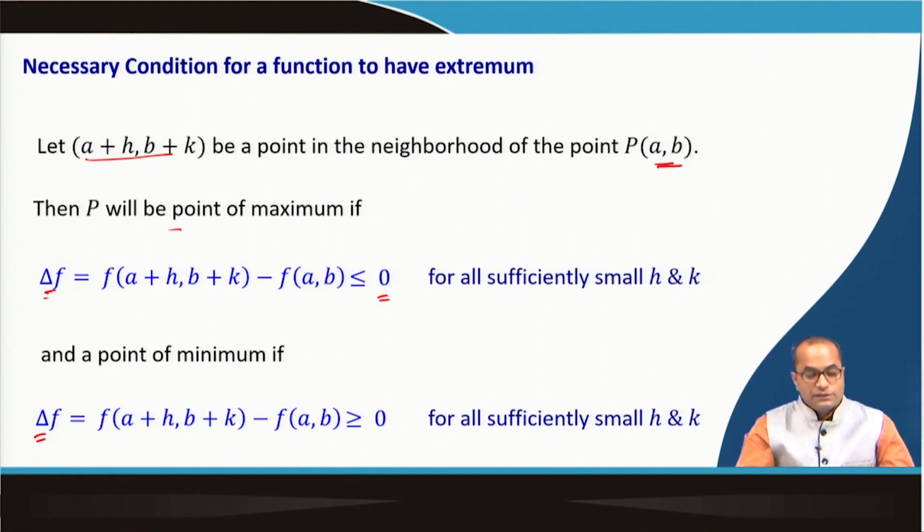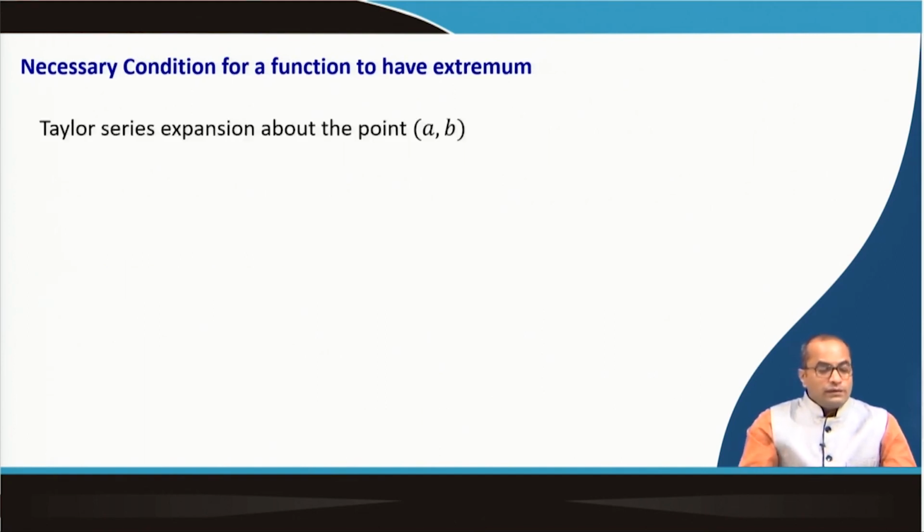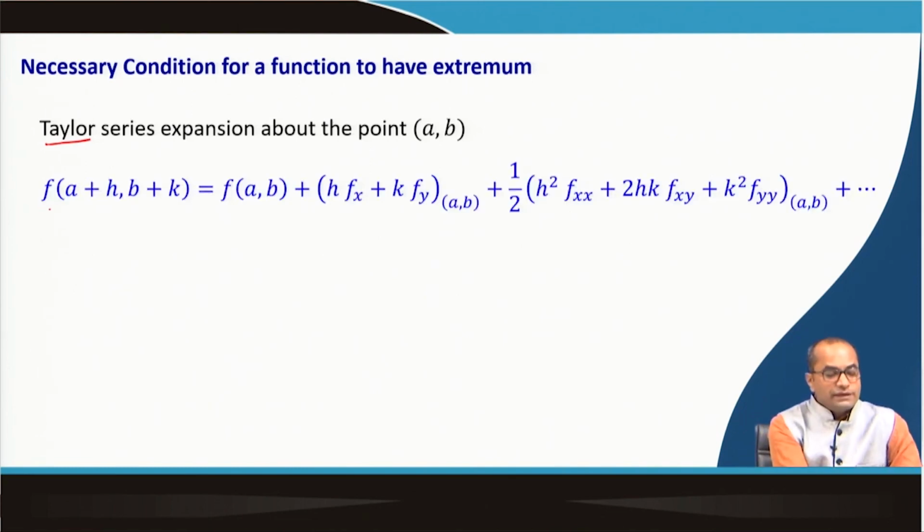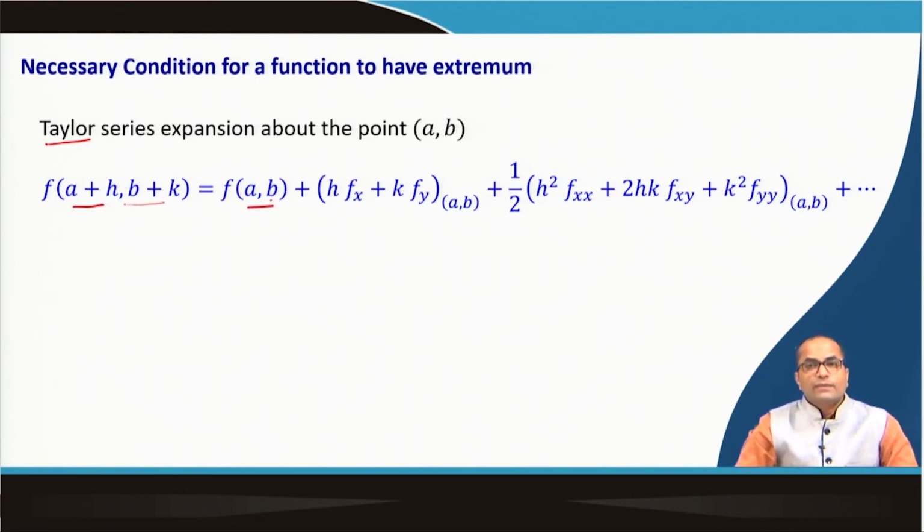Well, we expand this using Taylor series about the point (a, b). We have the function f(a plus h, b plus k) in the neighborhood, and using Taylor series we can expand this around the point (a, b). We have already seen the Taylor series in the previous lecture.